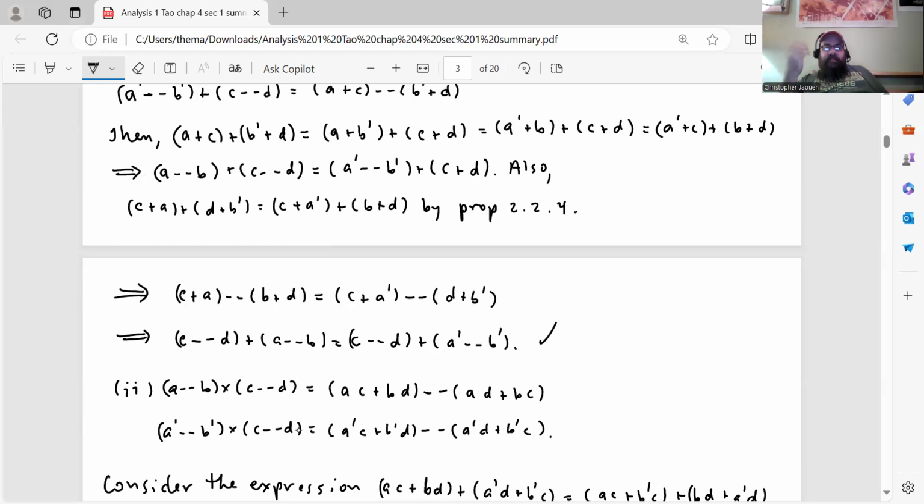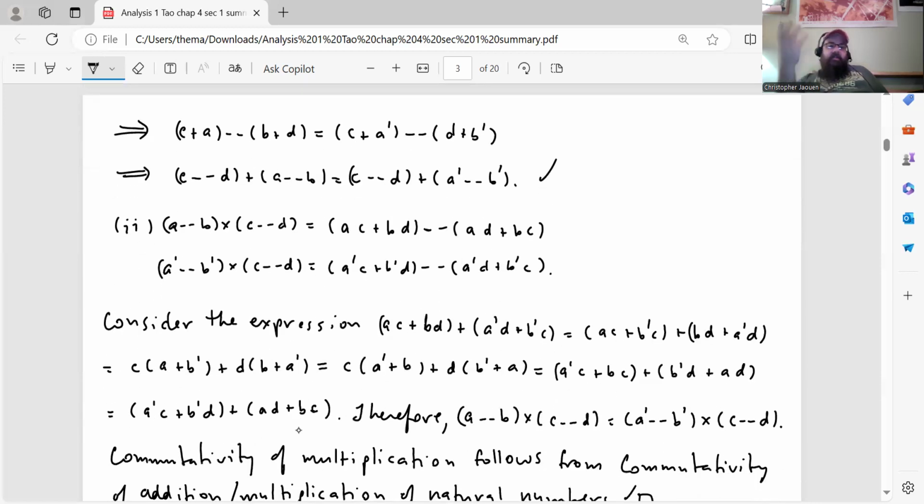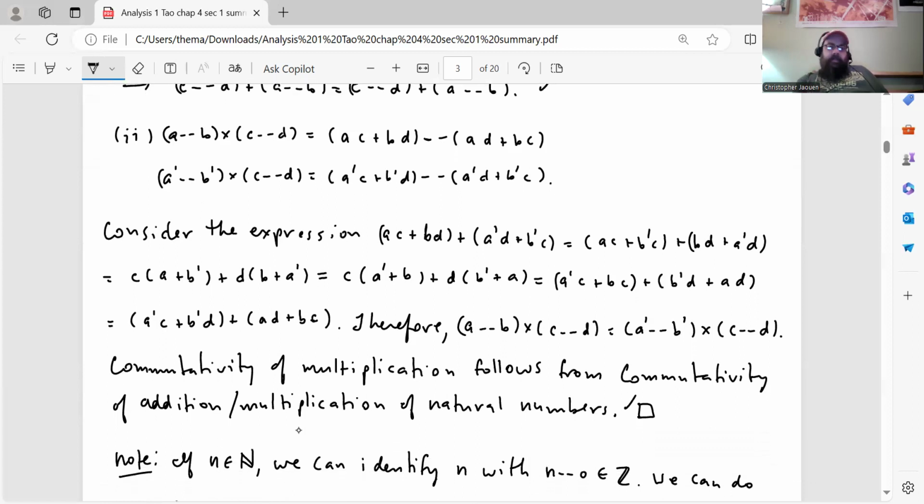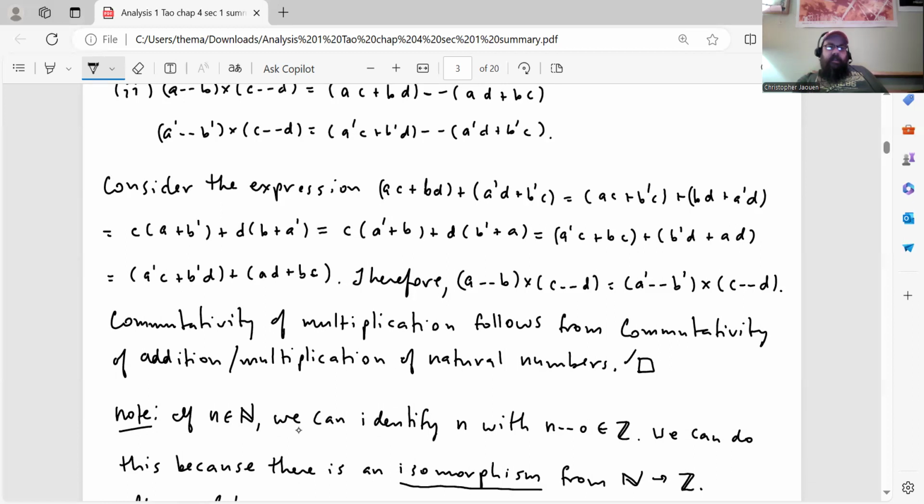All right, so that verifies well-definedness for addition, and I won't go through the whole process, but it's a similar thing for multiplication. You can read it here, so you don't have to hear me say minus a million times again. So here you can look at the proof for that.